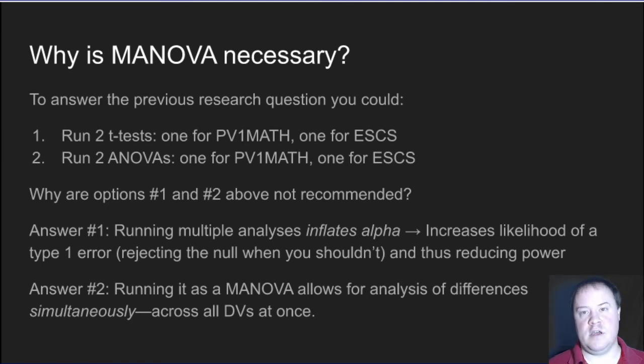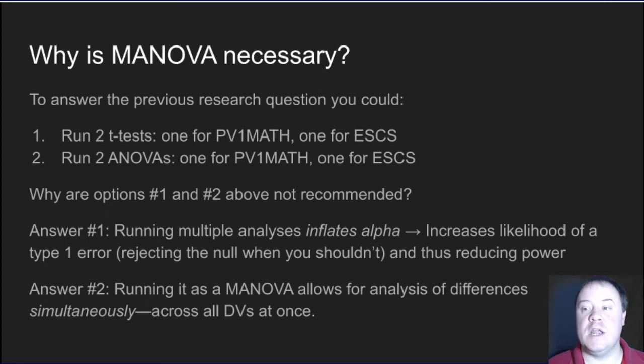But these aren't recommended. And the reason is that running multiple analyses on the same data inflates alpha, or the likelihood of a type 1 error, rejecting the null hypothesis when you shouldn't, or finding a statistically significant result when in the population that's actually not there. And therefore, it reduces the power of your test in detecting a true effect.